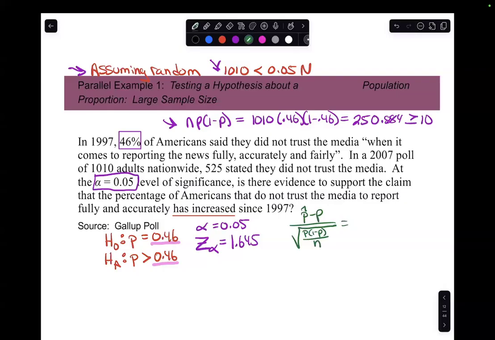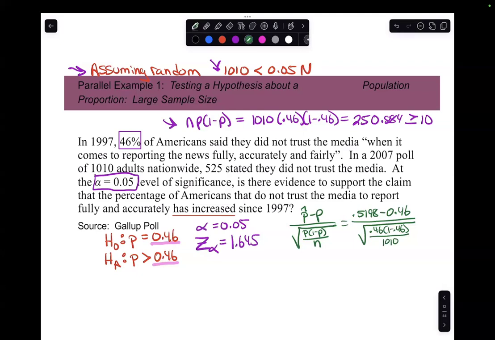My P hat is 525 divided by 1010, so I have 0.5198 minus 0.46 divided by the square root of 0.46 times 1 minus 0.46, divided by 1010.